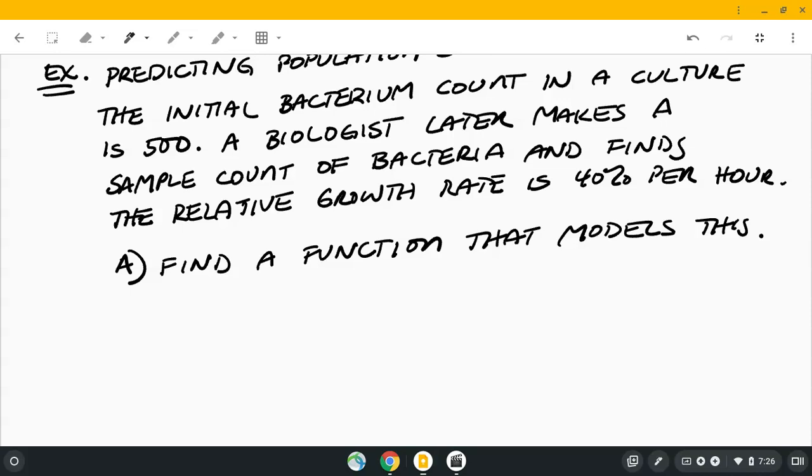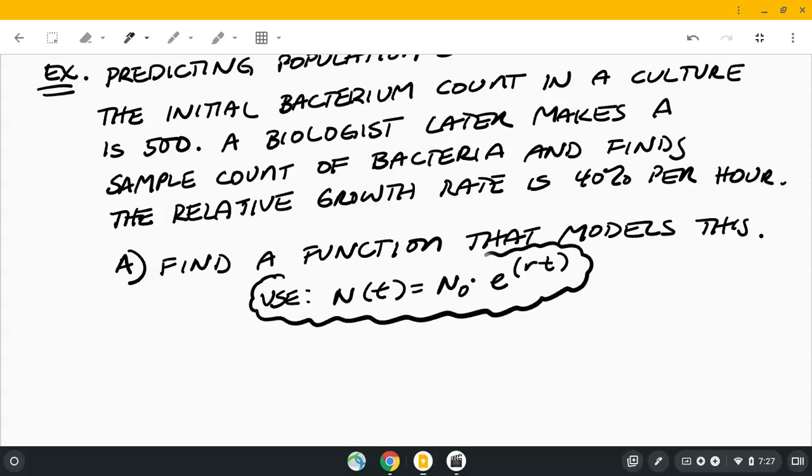So we need to use the one that's above. I'll write it down here. N of t equals your initial amount times e to the rt. This is the one we want to use to write a model for this. Which means we need the initial amount and the instantaneous, relative growth rate. We do have that.